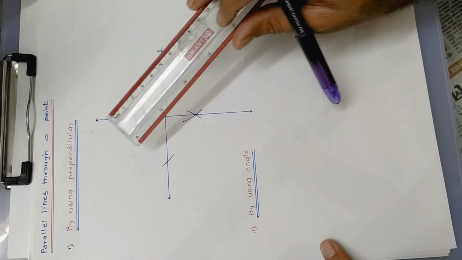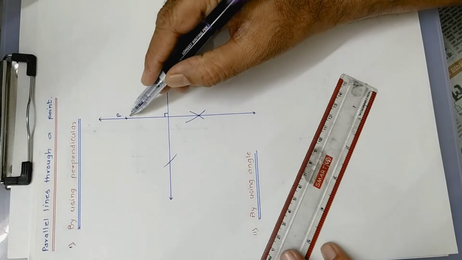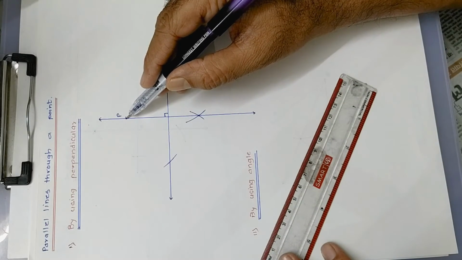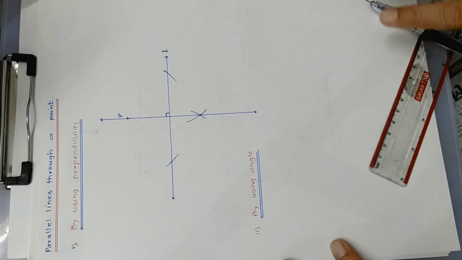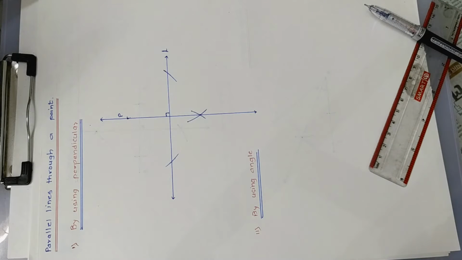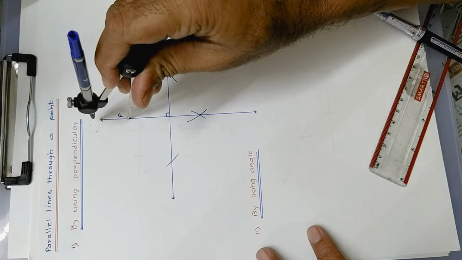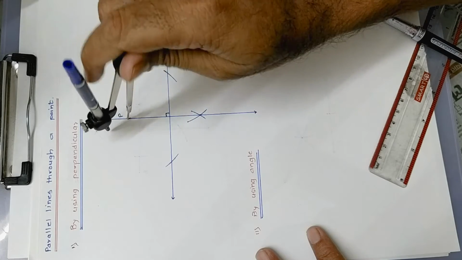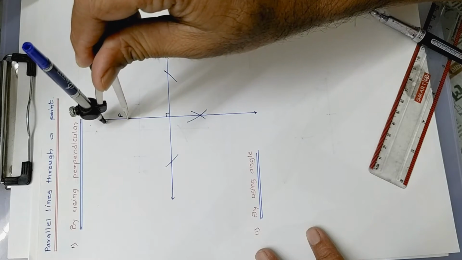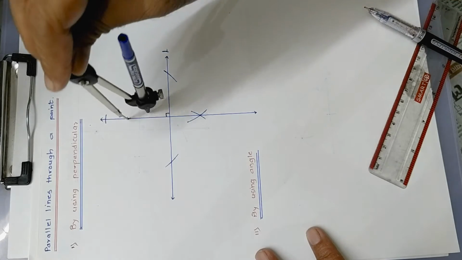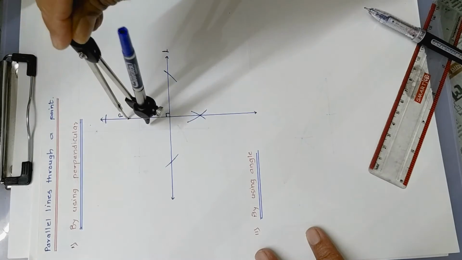Now here we have drawn one perpendicular. Now we are going to draw a perpendicular at point P. Take a certain distance in your compass again, put your compass over here like this, and draw one arc above P and one arc below P. Simple procedure.